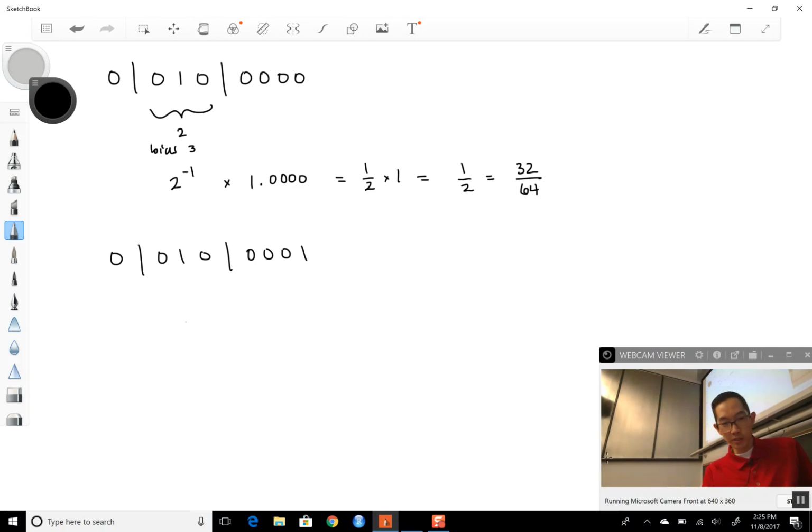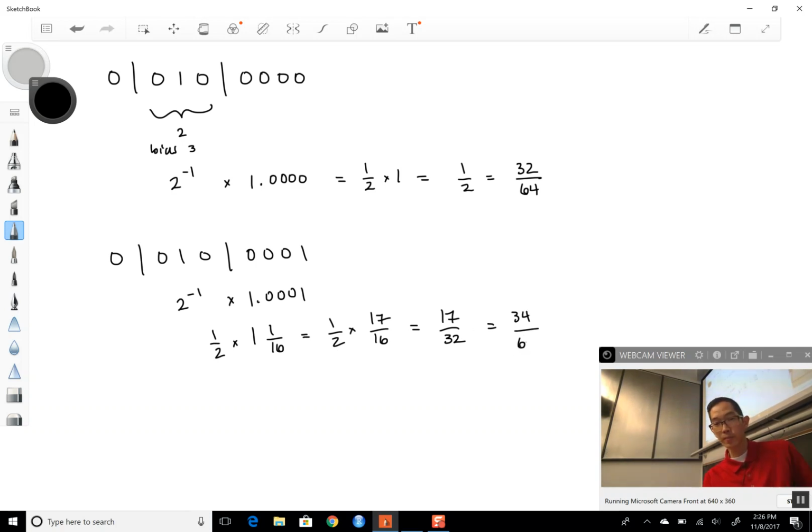So here, this thing is still 2 to the negative 1, and here I've got 1.0001, which is 1 and 1/16, or so I've got 1/2 times 1 and 1/16, or 1/2 times 17/16, and so this is going to be 17/32, or 34/64, okay? So there's no way to represent the value 33/64.